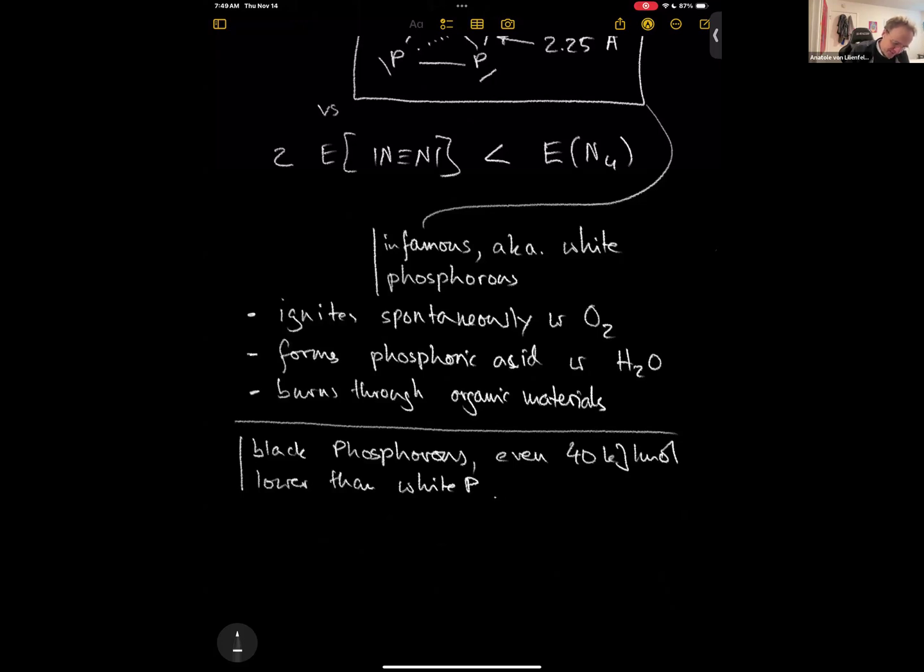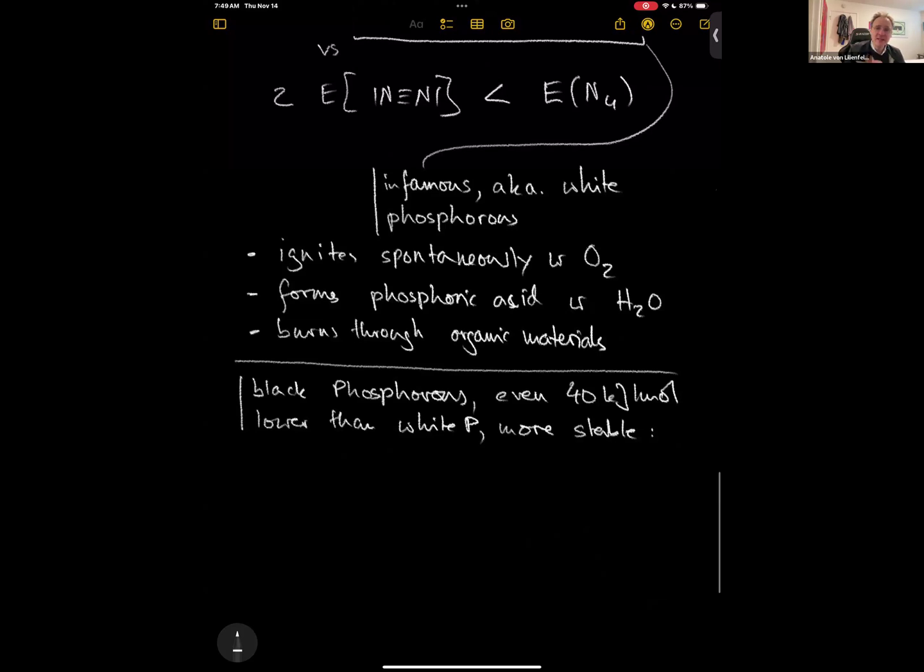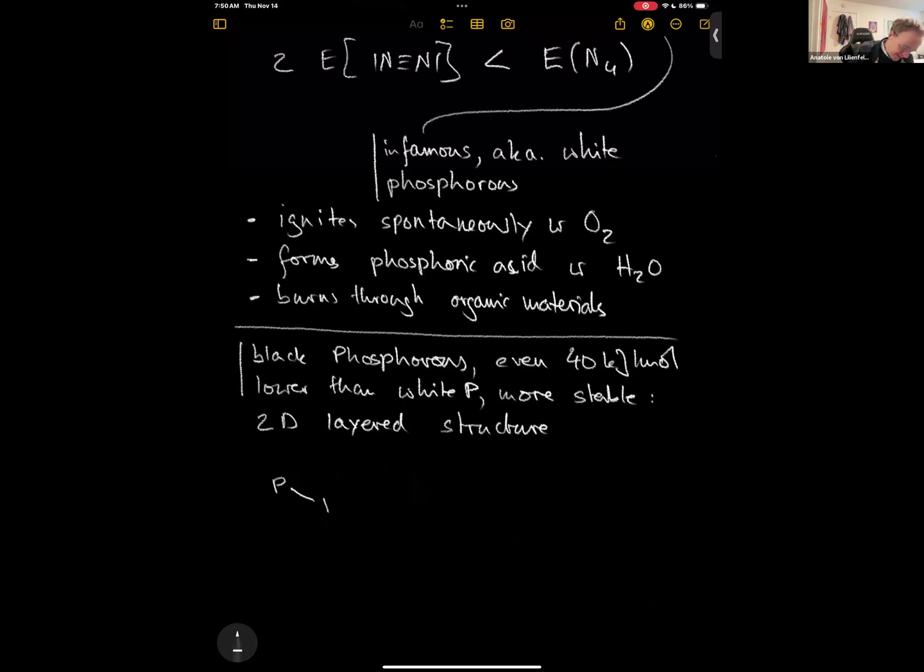Now, this black phosphorus is more stable, and it assumes an interesting 2D layered structure, where you would have a chain of phosphorus atoms in one level of the blackboard, and then in front of the blackboard you would have another chain with the same angle.